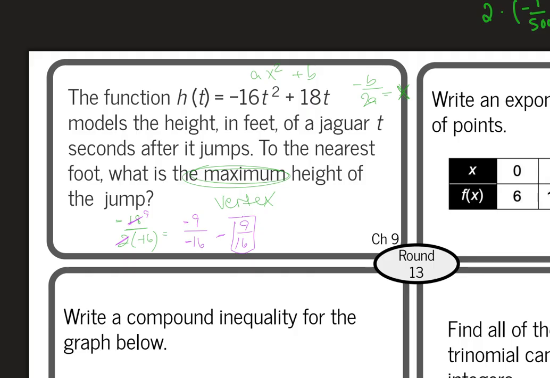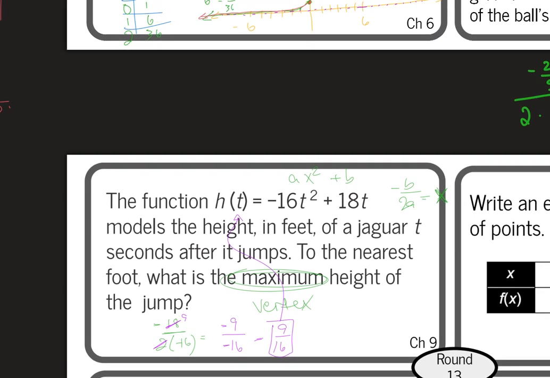So what we're going to do is take that and plug it in here. -16 times 9/16 squared plus 18 times 9/16. So what's going to happen here is one of these 16s cancels one of these 16s, because there are 2 of them. And then don't forget that there's 2 9s. So we have -81 over 16 plus.